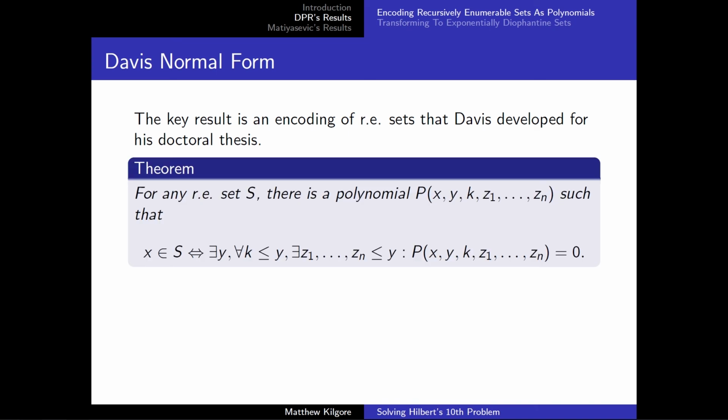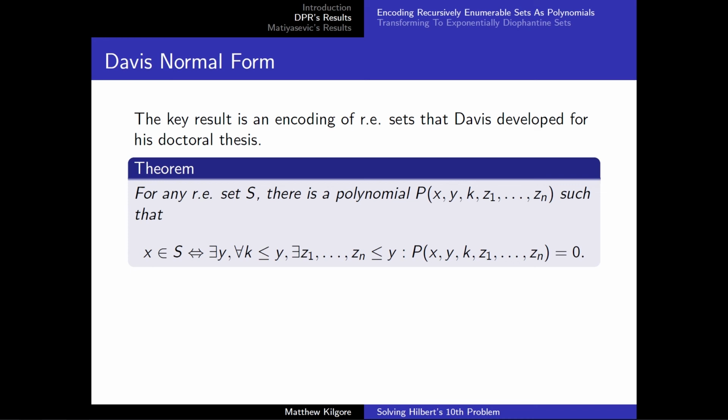For any recursively enumerable set S, there is a polynomial P of x, y, k, z, such that x is in S if and only if there exists a y, such that for all k less than or equal to y, there exists a z less than or equal to y, such that P of x, y, k, z equals 0. Here, P has integral coefficients.